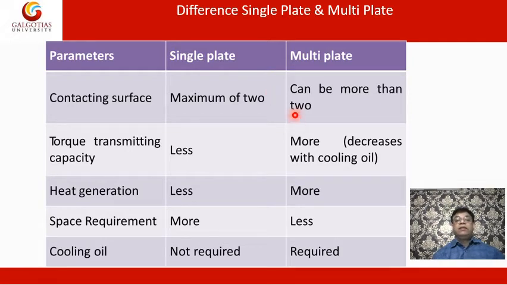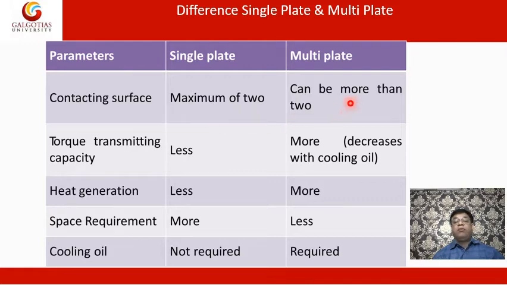Now we will see the difference between single plate and multi-plate clutch. Based on these parameters, we will note the difference. Based on the contact surfaces, the single plate clutch has a maximum of 2 pairs of contact and multi-plate has more than 2 pairs.